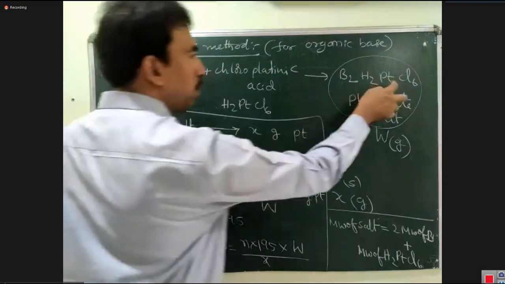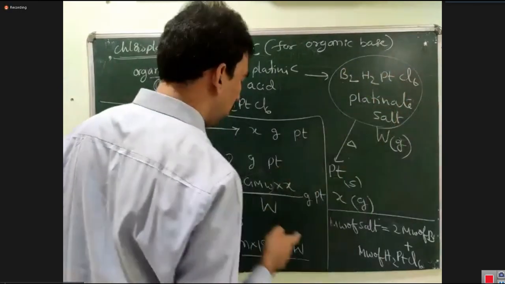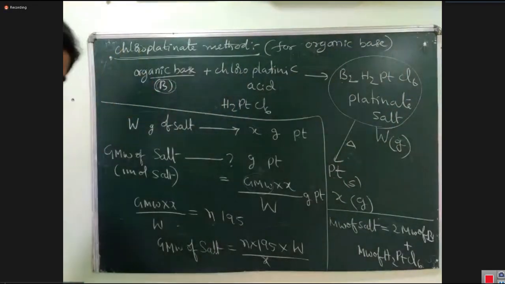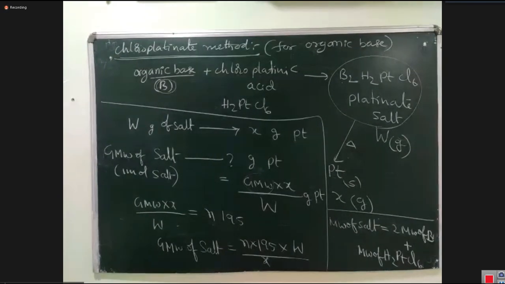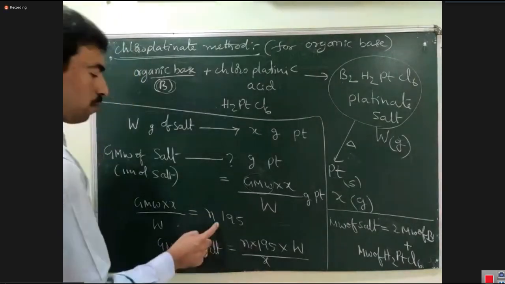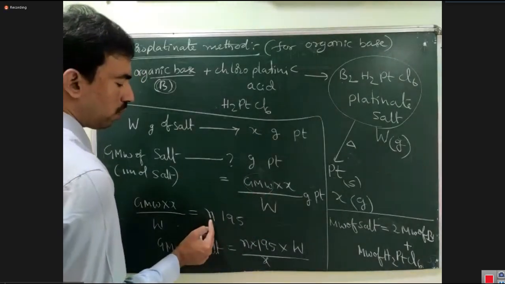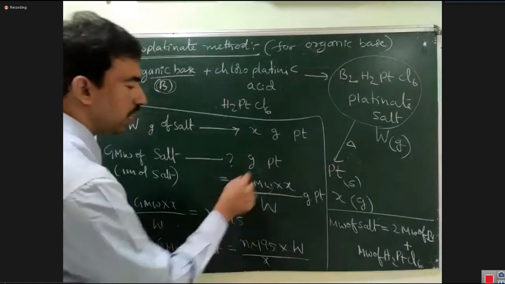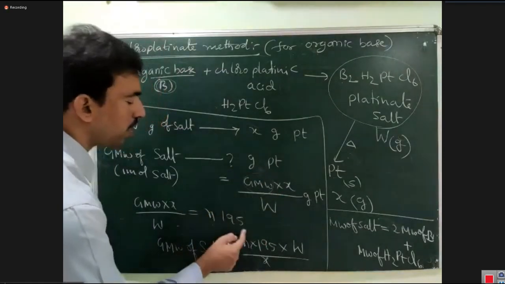If 2 platiniums are there, 2 into 195; if 3, 3 into 195, like that. So n into 195 grams of platinum will be obtained from 1 mole, which means this one must be equal to n into 195.